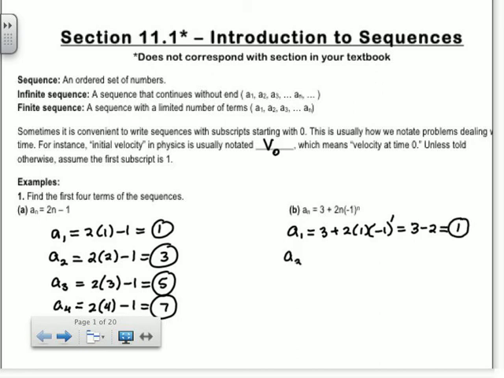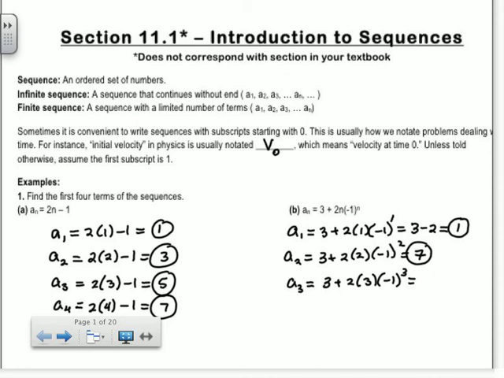Okay, A2 is going to be 3 plus 2 times 2 times negative 1 to the second. So negative 1 squared is 1 now. So 1 times 2 times 2 is 4, plus 3 is 7. A3, I do 3 plus 2 times 3 times negative 1 to the third. Negative 1 to the third is negative 1 again.